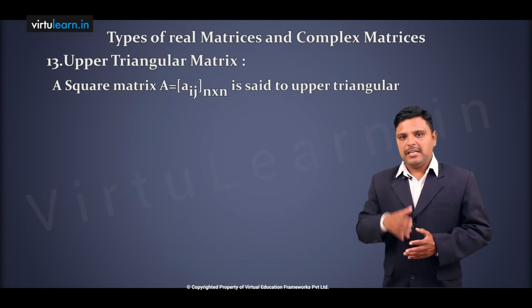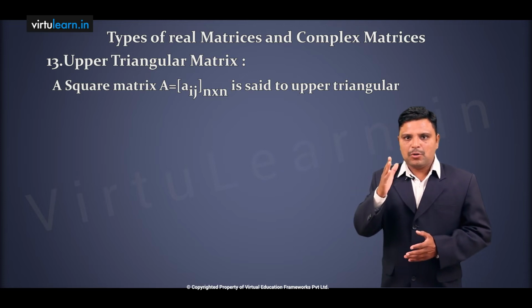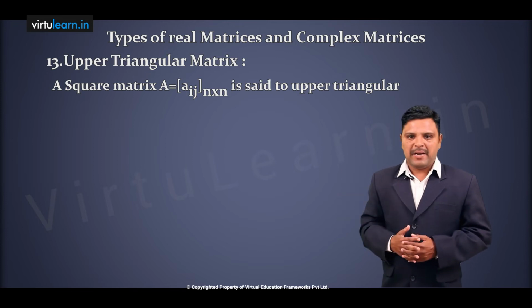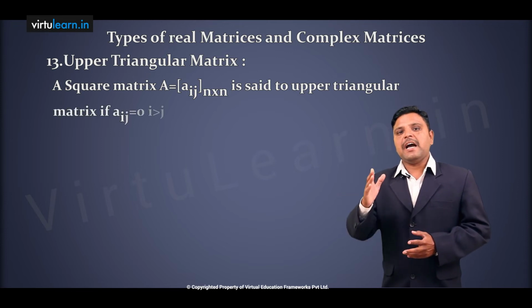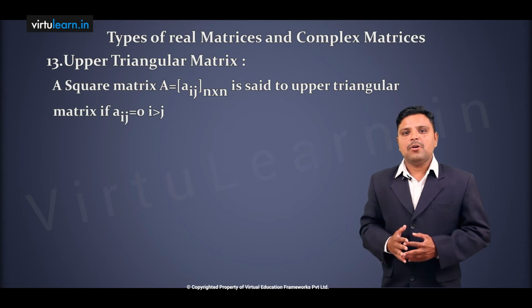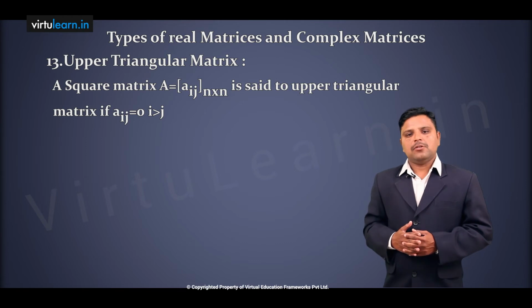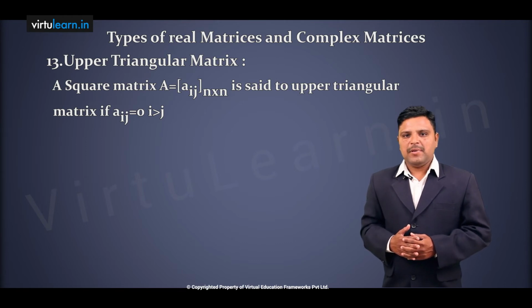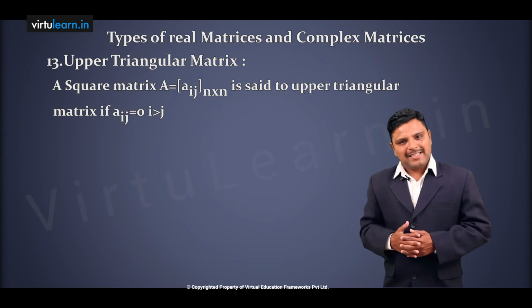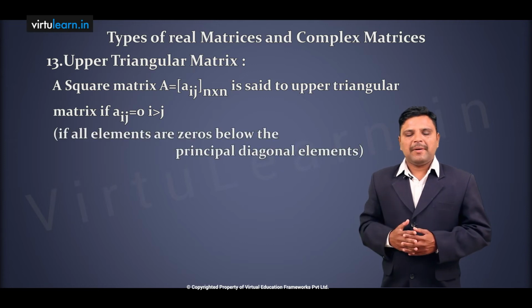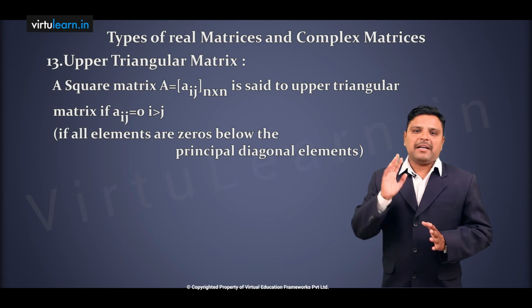A square matrix A equals [aij] n by n is said to be an upper triangular matrix if aij equals 0 when i is greater than j. In other words, if all the elements below the principal diagonal are zeros, then that matrix is an upper triangular matrix.